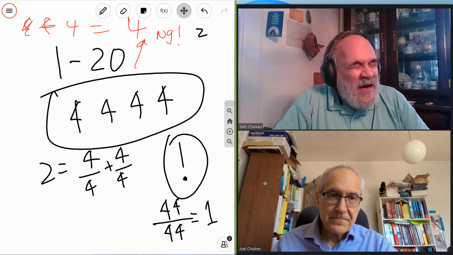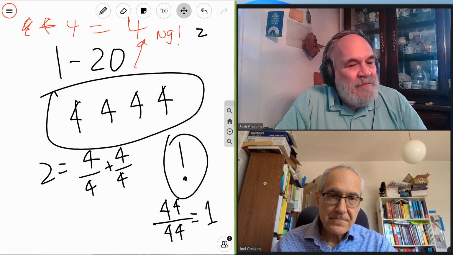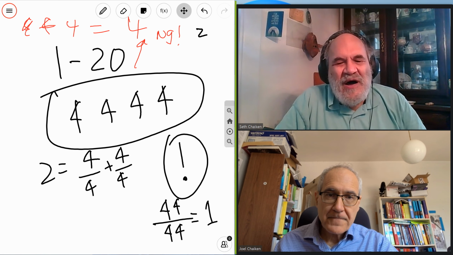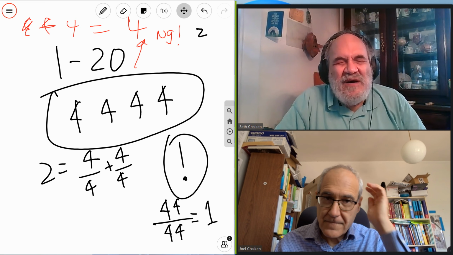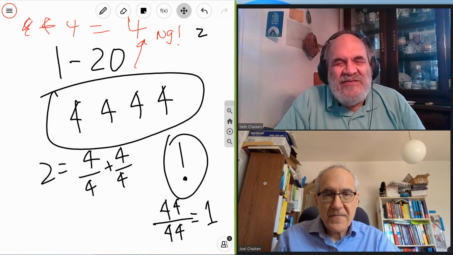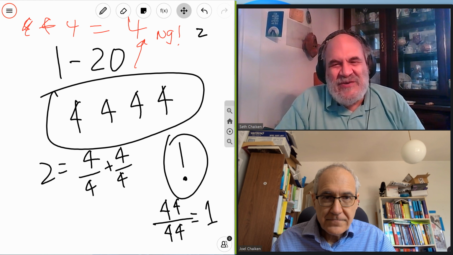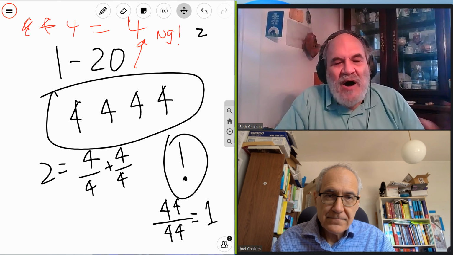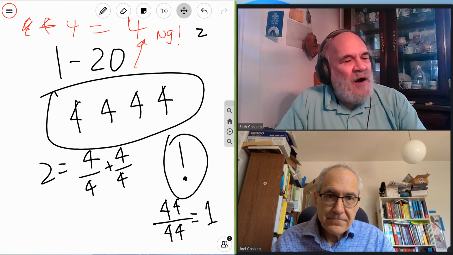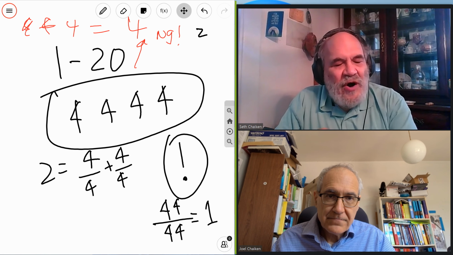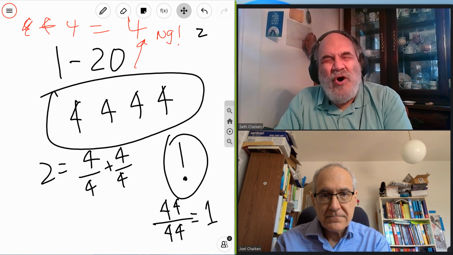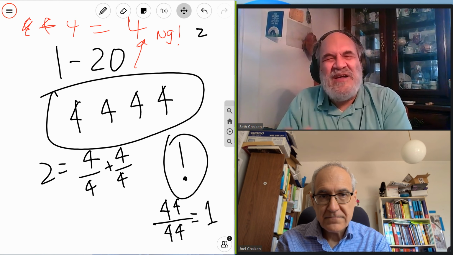Well, then you could form 1 by combining these numbers with addition or subtraction with coefficients, right? And so any number, because we're talking about whole numbers, integers.